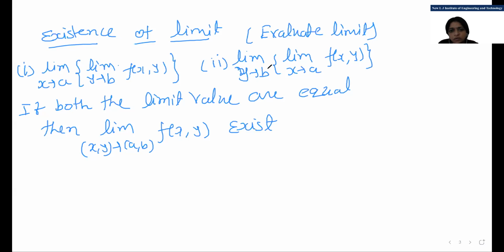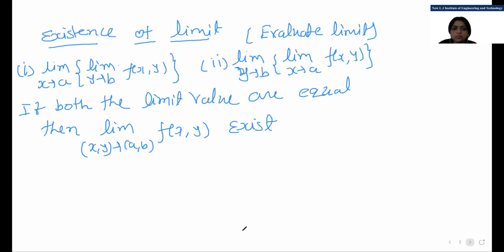And for the other one, first you have to apply limit x tends to a, then y tends to b. If both answers are equal, then your limit exists. See, this (a, b) is strictly not equal to (0, 0).